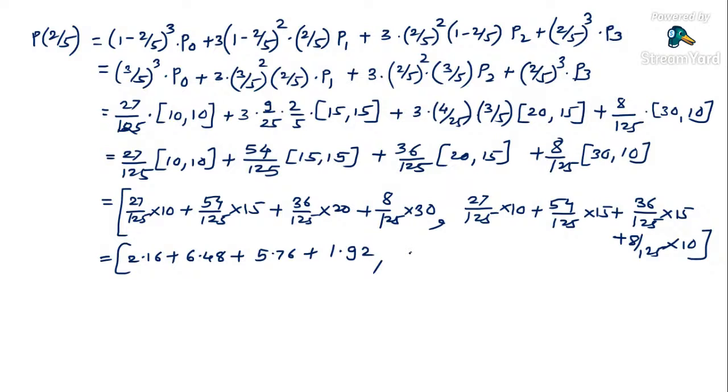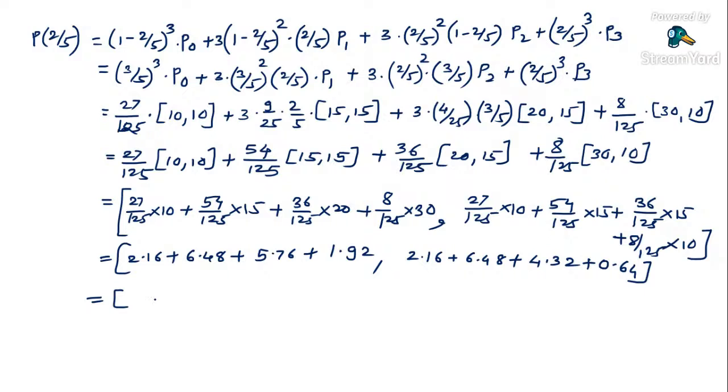Same for y: 2.16 plus 6.48 plus 36 divided by 125 into 15, 4.32 plus 8 divided by 125 into 10, 0.64.